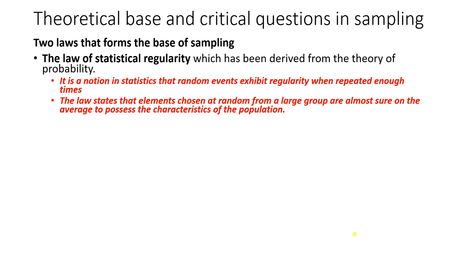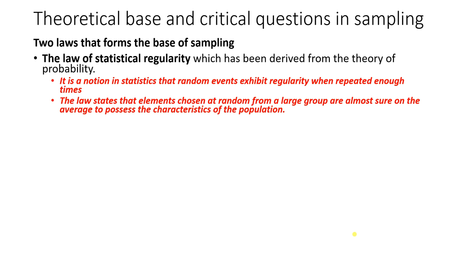random events, when repeated enough number of times, often exhibit regularity and stability. For example, if we throw a dice once, it is difficult to predict what the outcome will be.